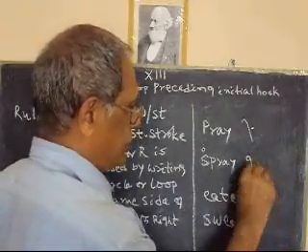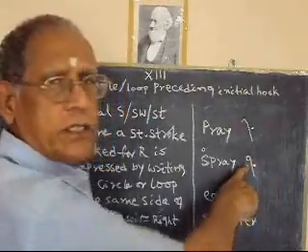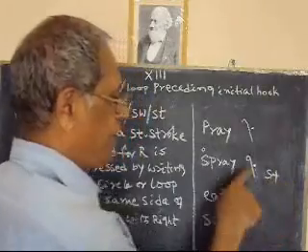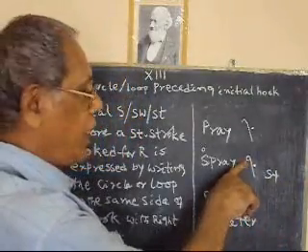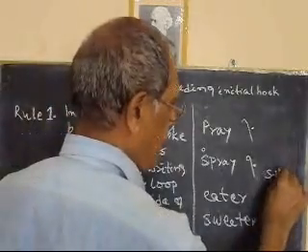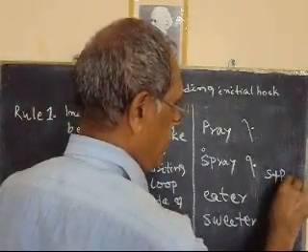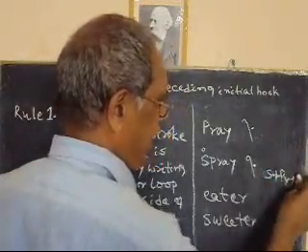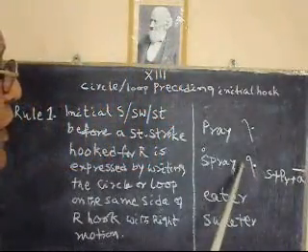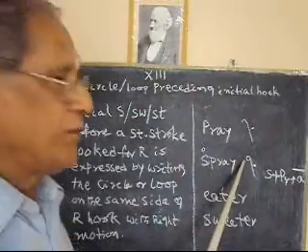Now, right. Initial circle should be read first. This plus, then what is that? Double consonant per. Then A, long vowel. So, initial circle should be read first.